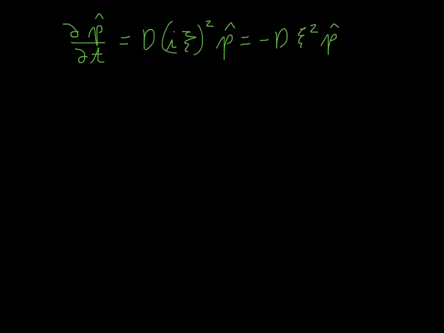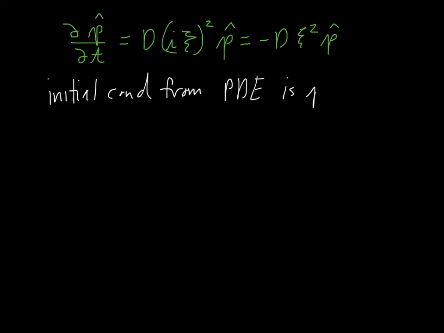We need an initial condition, and our initial condition from our PDE is that p of x, 0 is equal to the Dirac delta function. And so what we'll do is transform both sides of that.